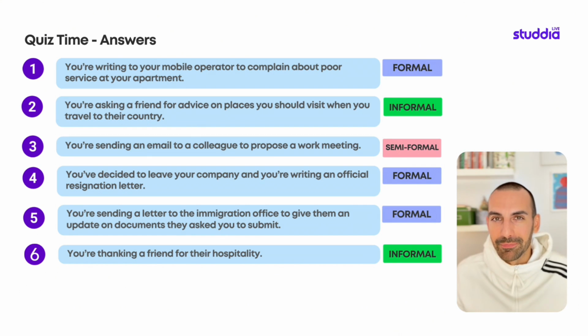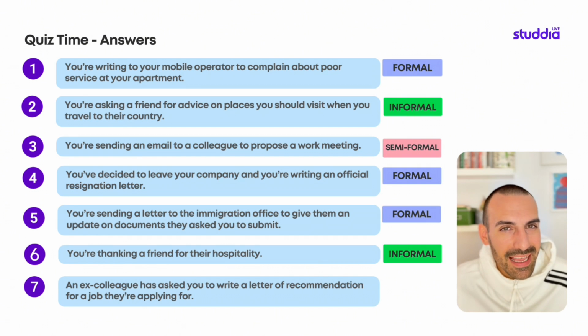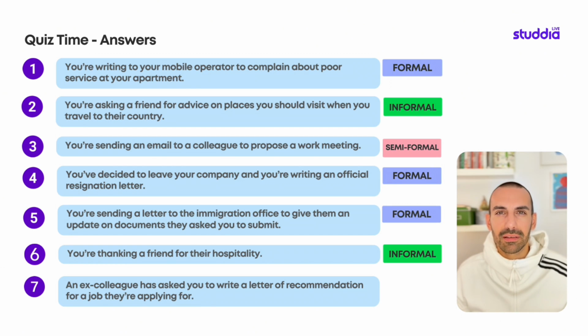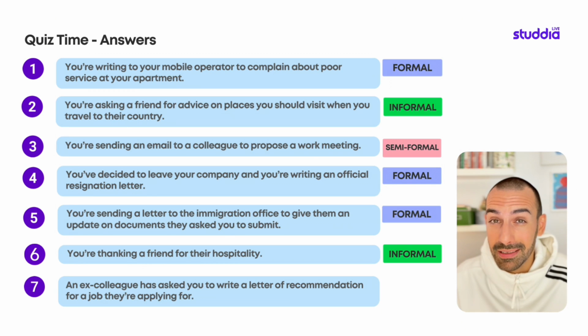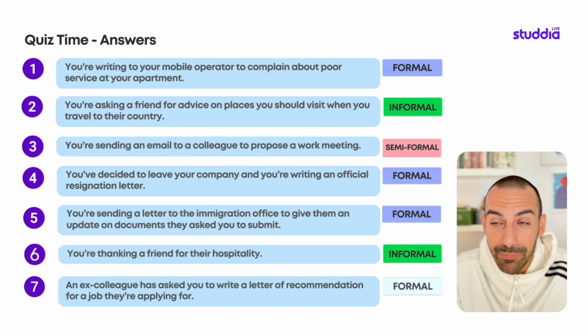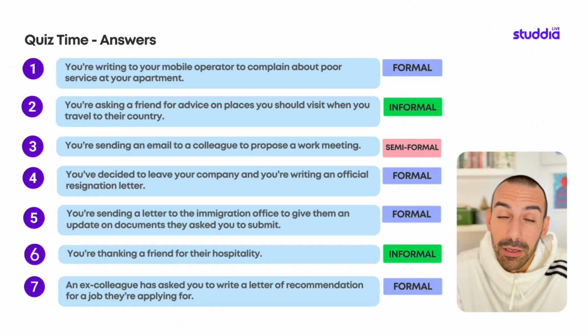And finally, an ex colleague of yours has asked you to write a letter of recommendation for a job they're applying for. Now, this one might sound a little bit tricky because the person who asked you to write is someone you know. But remember, the letter itself is being sent to a company or an employer. So that makes it a formal one.